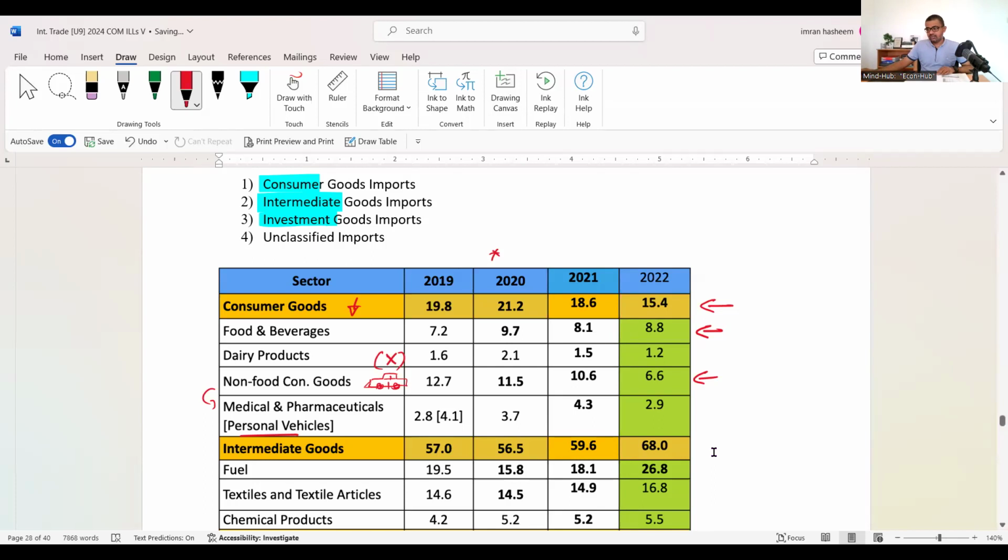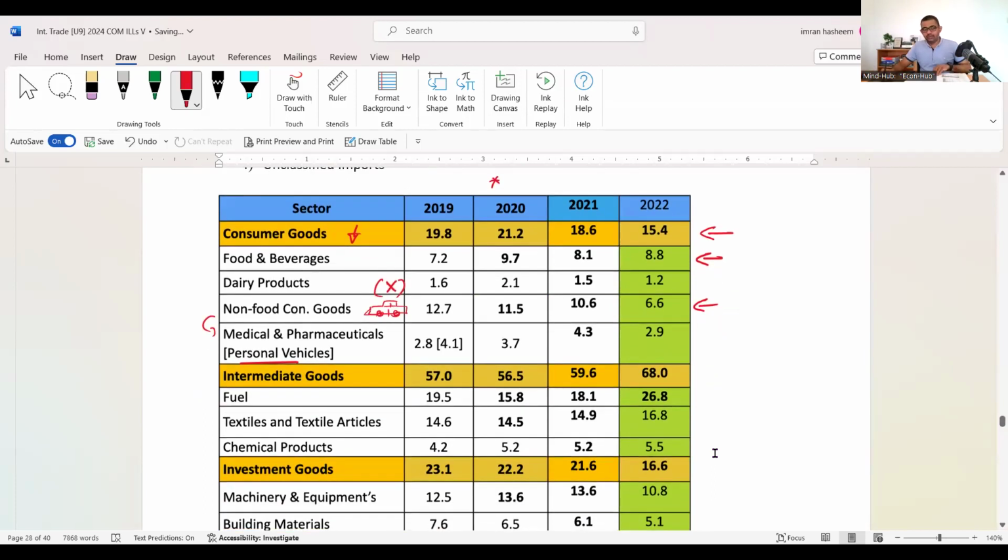Intermediate goods. The biggest item in imports is intermediate goods. So, you can see that here. The trends are basically the increase in the intermediate goods item. Main item, fuel. Okay, petrol, diesel, all that. There's a clear increase as you can see during 2021, even 22.